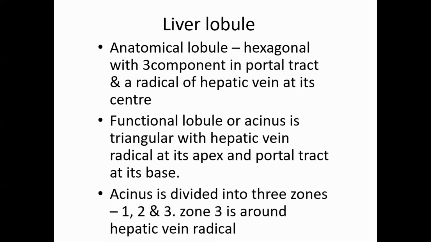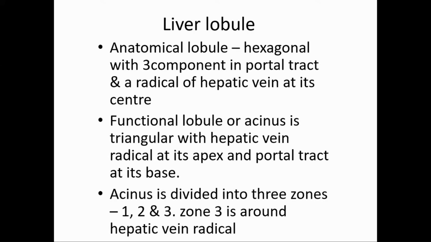Now, the concept of the liver lobule. There is an anatomical lobule and there is a functional lobule. The anatomical lobule is hexagonal with three components: the portal tract, a radical of the hepatic vein, and its center. The functional lobule or acinus is triangular, with the hepatic vein radical at its apex and the portal tract at its base.